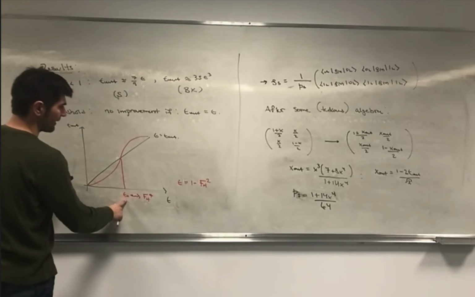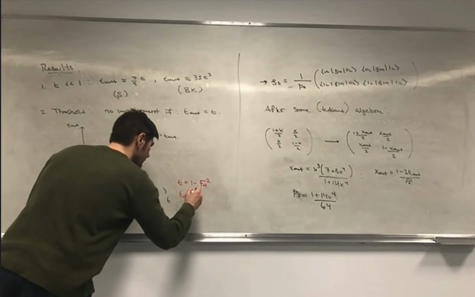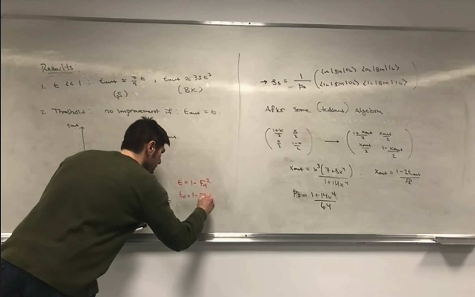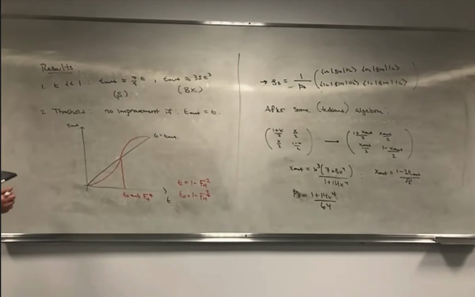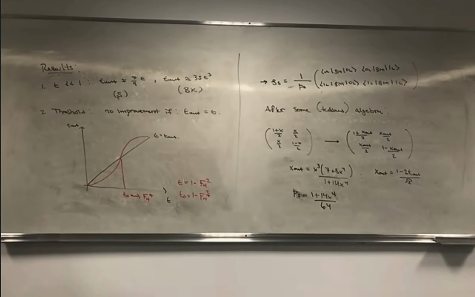So epsilon 0 is equal to 1 minus FH star squared. And then we have this, okay, so this is actually red.